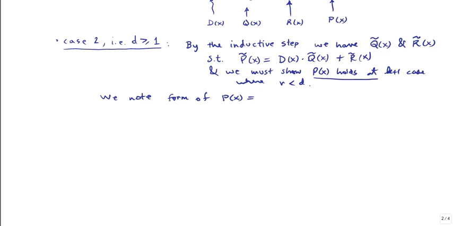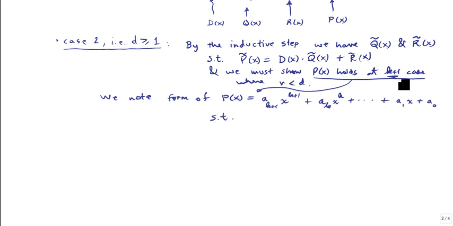The K plus 1 case polynomial P of X I can write as being of the form A sub K plus 1 times X to the K plus 1 power plus A sub K times X to the kth power plus dot dot dot A sub 1 times X to the first power plus A sub 0, such that if this is really at the K plus 1 polynomial level, the coefficient here, A sub K plus 1, must be different than 0.